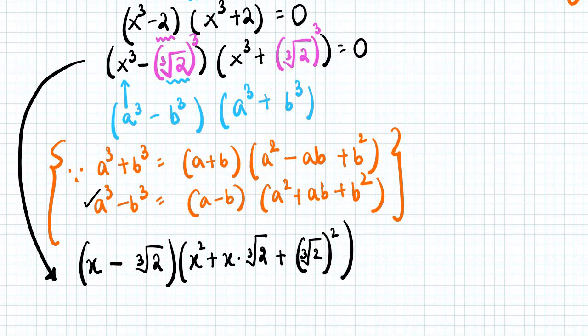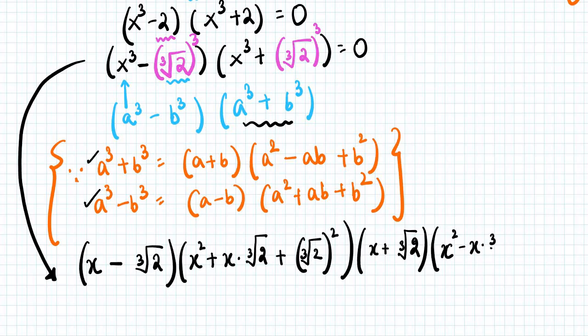I hope this part is clear. Now let's come to the plus one. Again (x plus cube root of 2), times just the change of sign, (x square minus x times cube root of 2 plus cube root of 2 whole square).